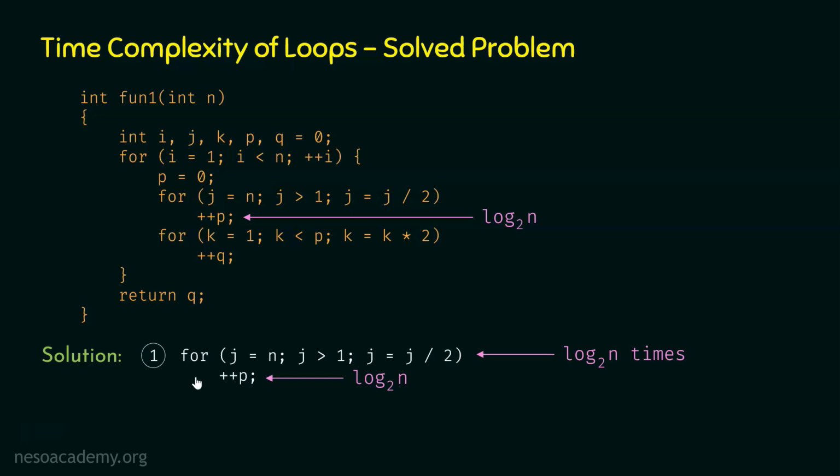So now our focus is on the second inner for loop, which is for k equal to 1, k less than p, k equal to k times 2, plus q. Now let's try to analyze this for loop. Before we do the analysis, let's replace p by its actual value, which is log n base 2.